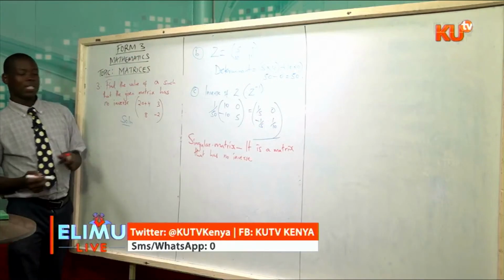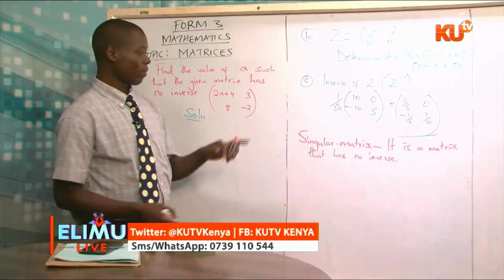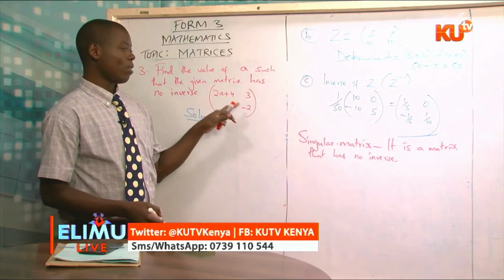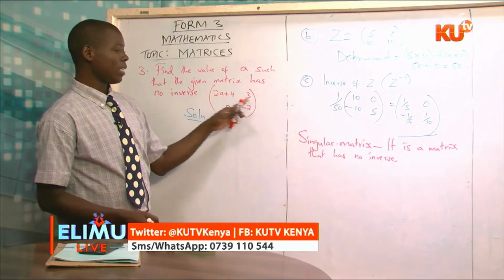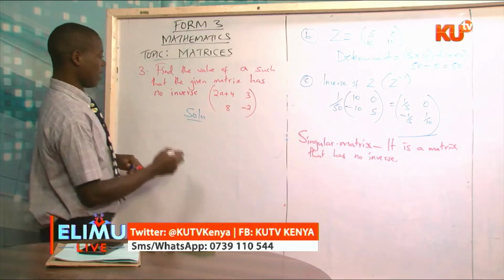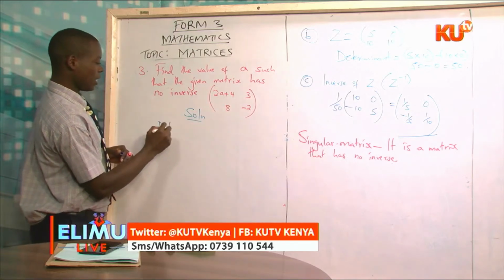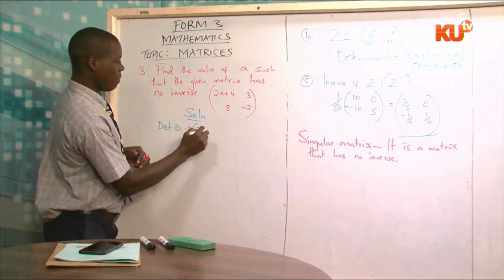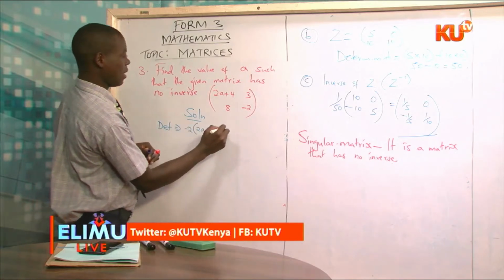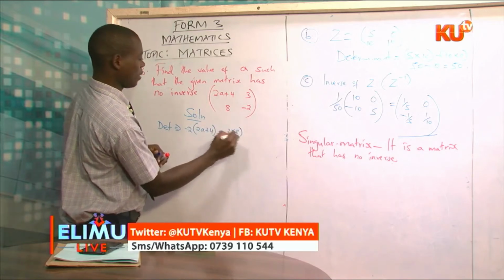What are the elements in the leading diagonal? We have 2a plus 4 and negative 2. The elements in the other diagonal are 3 and 8. Therefore, our determinant, as explained before, will be negative 2 times 2a plus 4, minus 3 times 8.